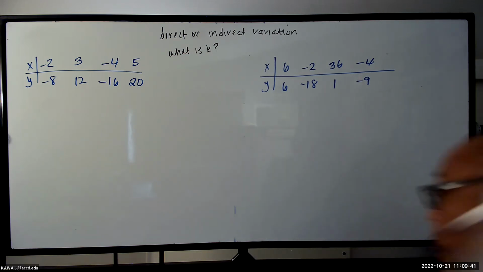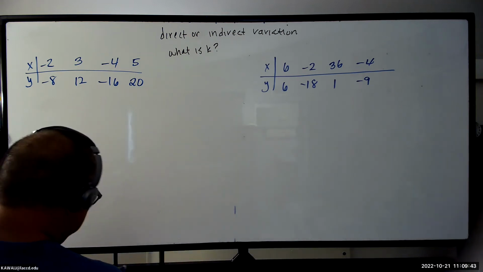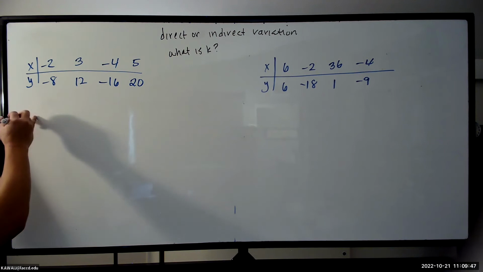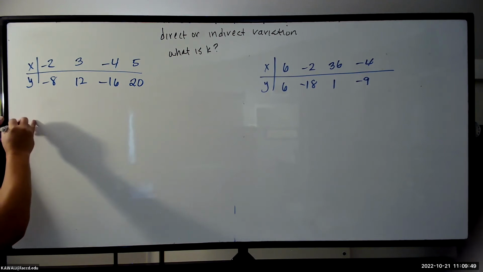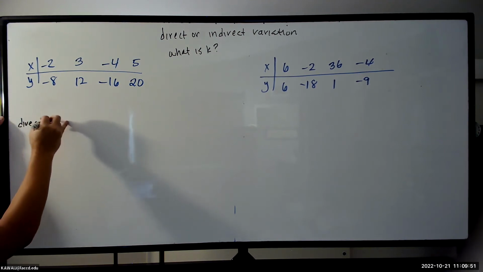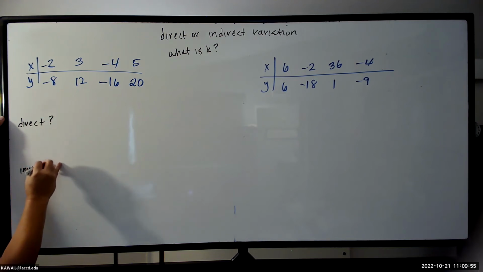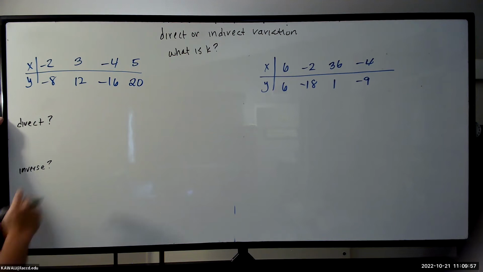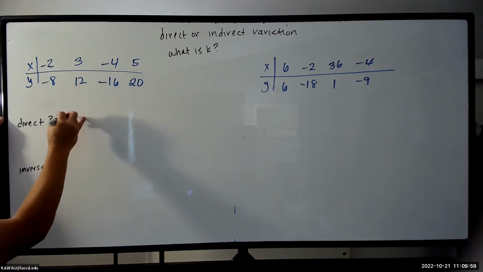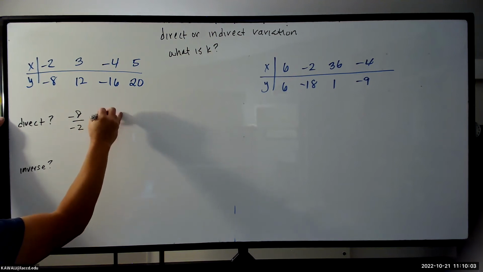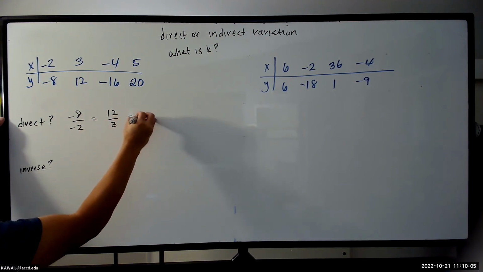Okay. So let's look at this. So the main question we want to ask ourselves is, is this direct or inverse? Okay. So direct is the slope, right? So is -8 over -2 equal to 12 over 3, and the answer is yes.